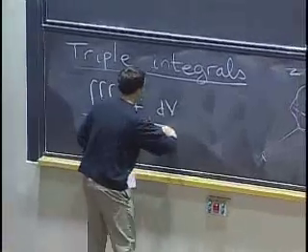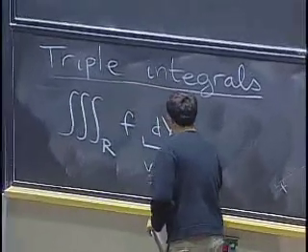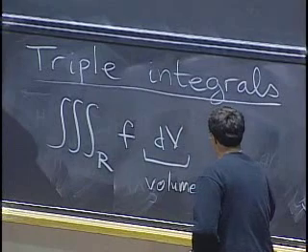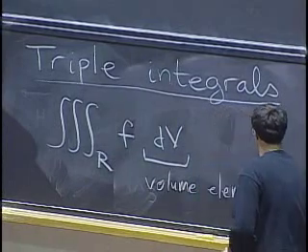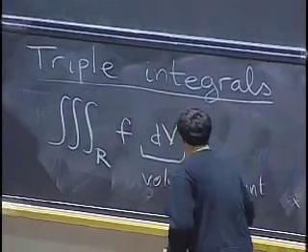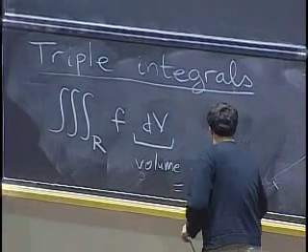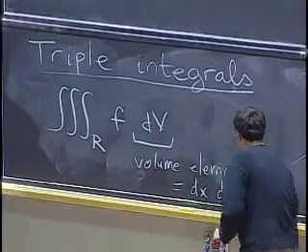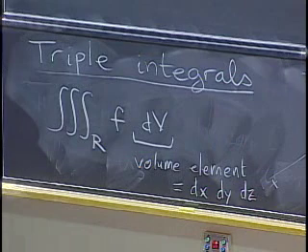And so this volume element here, well, for example, if you're doing the integral in rectangular coordinates, that will become dx, dy, dz, or any permutation of that, because, of course, we have lots of possible orders of integration to choose from.